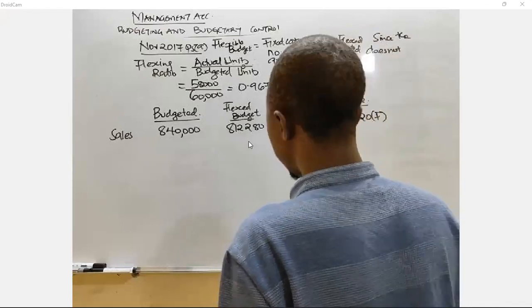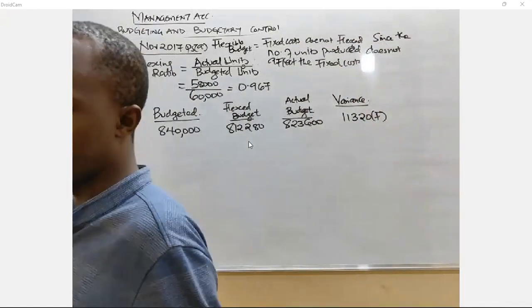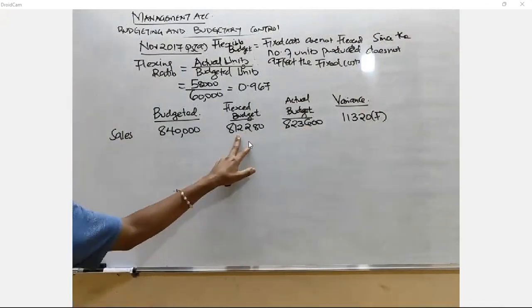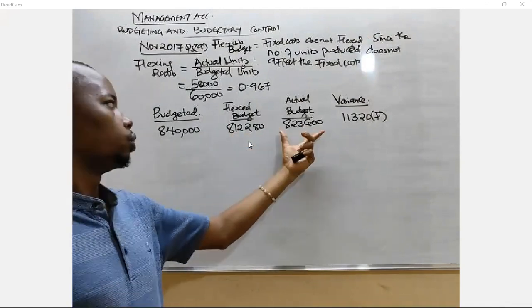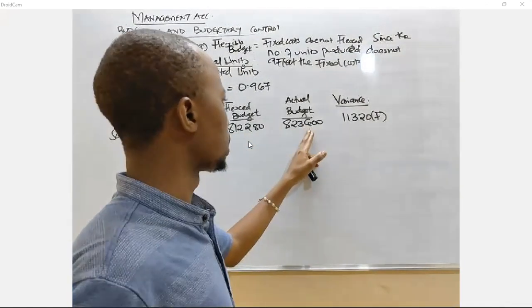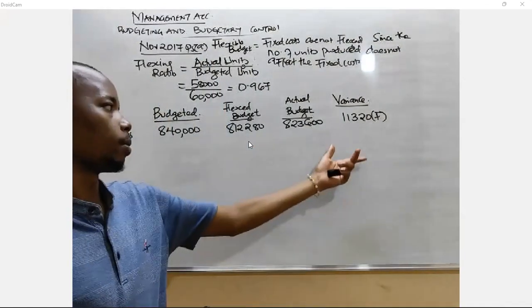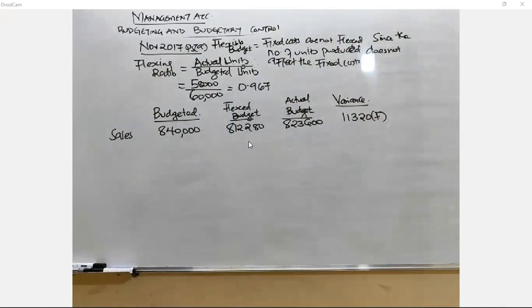In variance analysis, we say that is favorable. I'm very happy for selling more than what I budgeted. We are very happy to sell more than what we budgeted to sell.